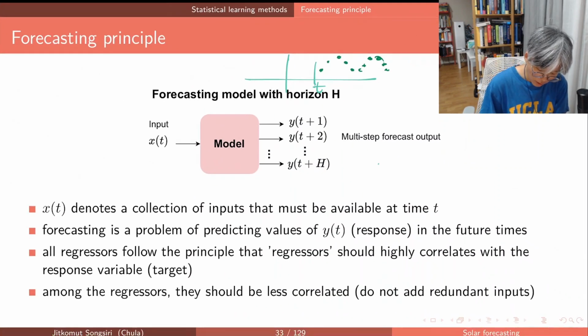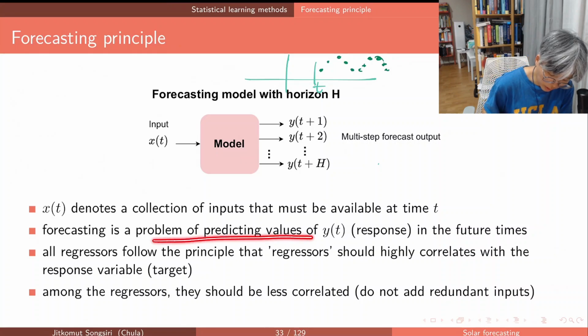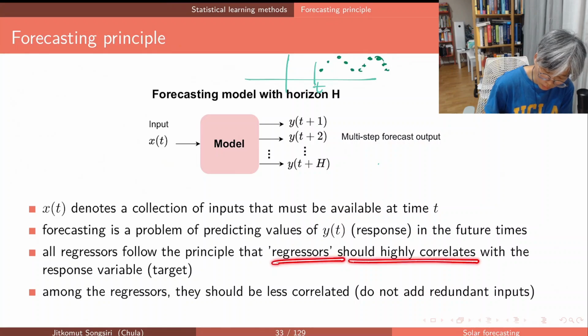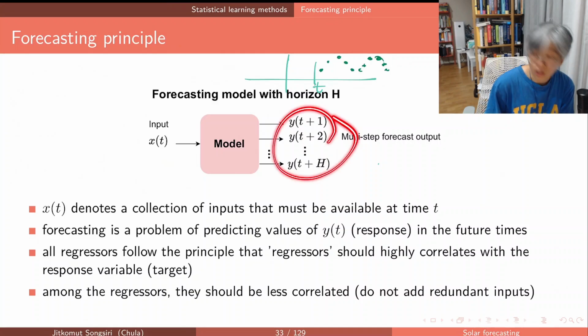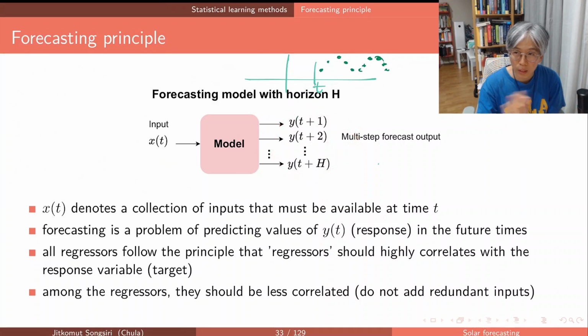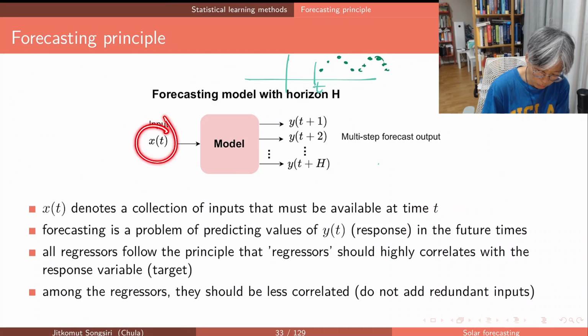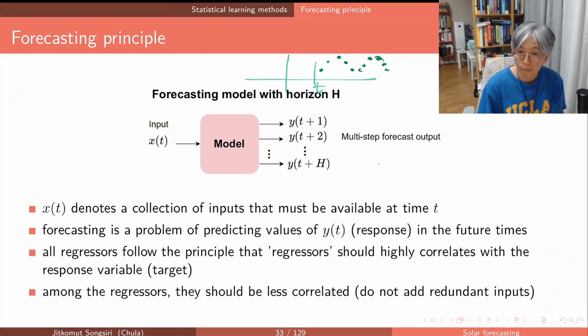Forecasting is a problem of predicting values of y at future times. Whatever inputs you have here, we also call them regressors. They must follow the principle that regressors should be highly correlated with y, the response variable. This is a typical principle for any statistical learning: the input must be correlated with y.